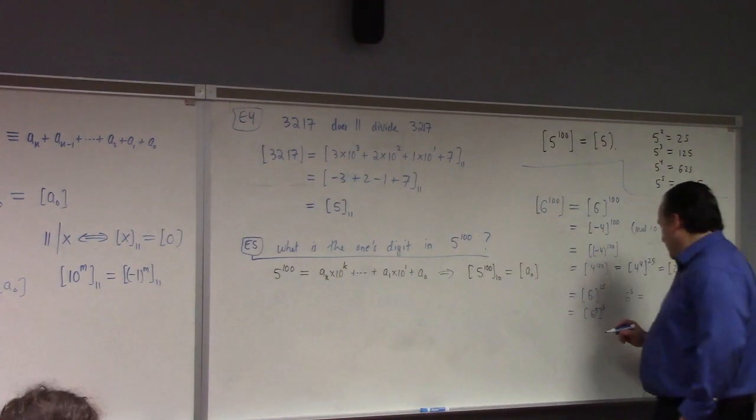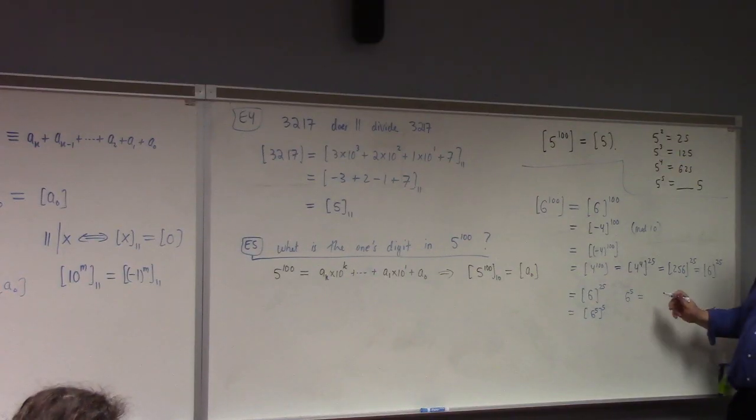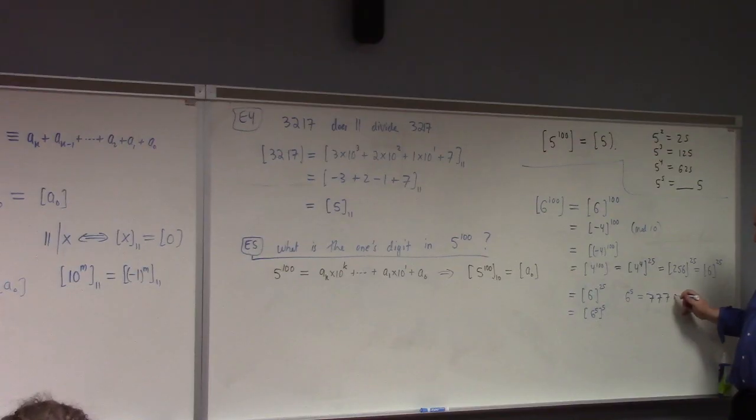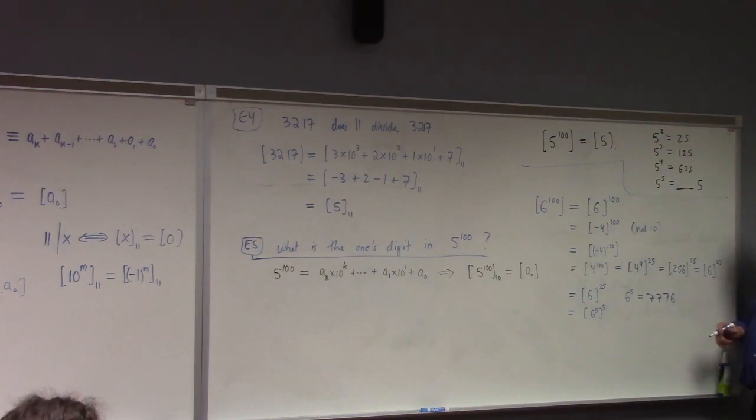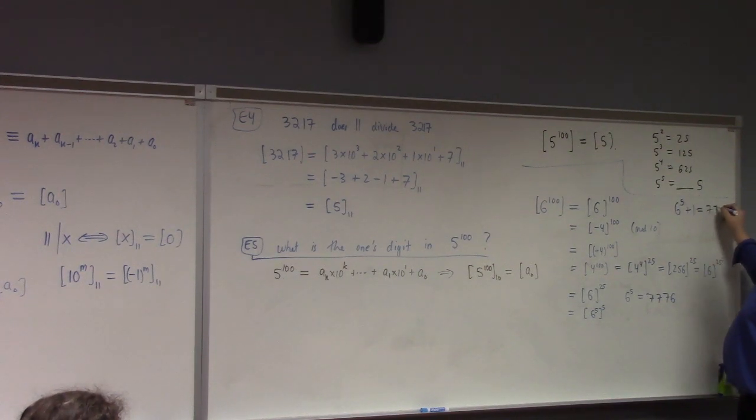You guys got a calculator? This you can calculate, right? 7776. Really? 6 to the 5th is 7776? Whoa. So 6 to the 5th plus 1 is 7777.